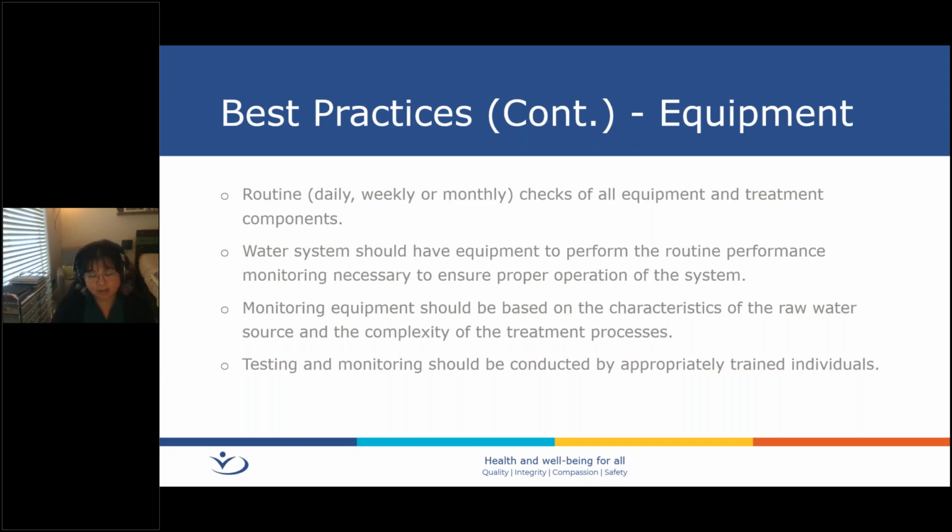Water systems should have equipment to perform routine monitoring to ensure proper operation of the water system. So the monitoring equipment should be based on the characteristics of the raw water source and the complexity of the treatment process. And often testing and monitoring should be done by appropriately trained individuals.